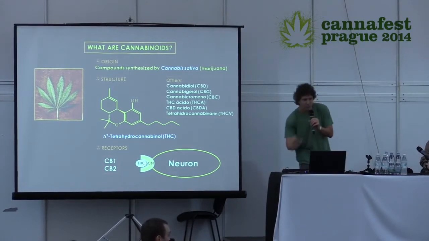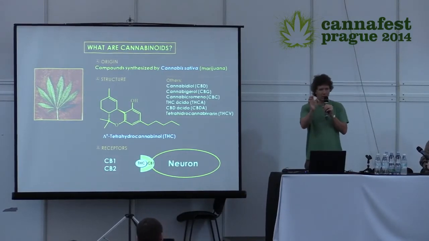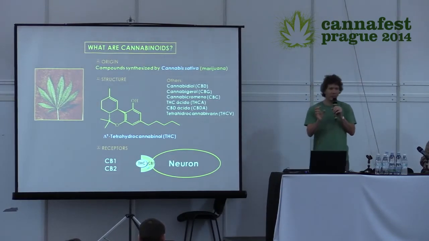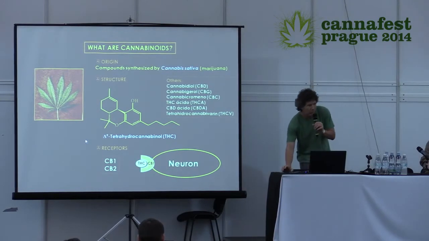And those molecules that receive cannabinoids on the surface of our cells are called, therefore, cannabinoid receptors. So here is just an example, a simplified example of a neuron in our brain that has one of these cannabinoid receptors, one of these cannabinoid sensors. There are two types, 1 and 2, but this is not relevant now.